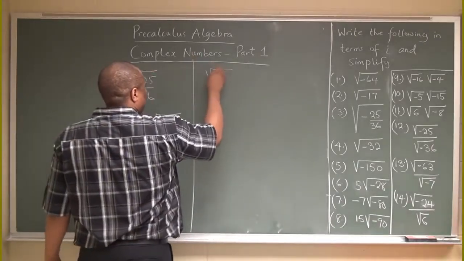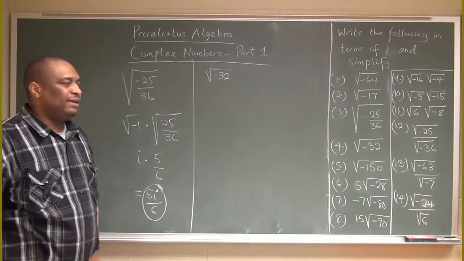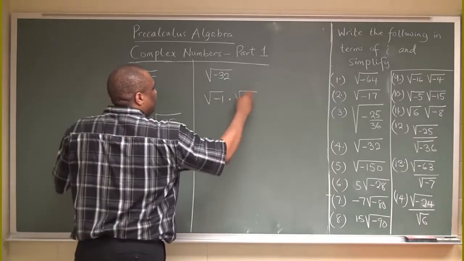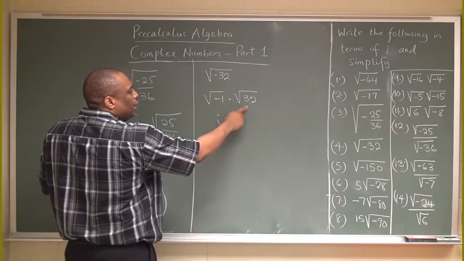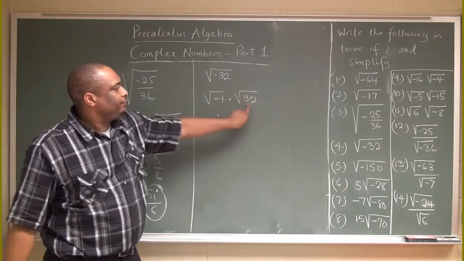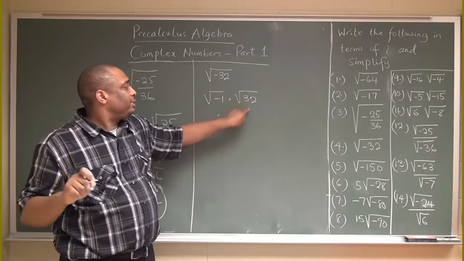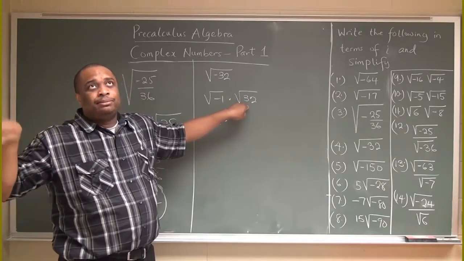Next one, square root of negative 32. This means square root of negative 1 times square root of 32. So this means i times, and you can simplify this. I did videos on simplifying radicals, and also adding and subtracting radicals.